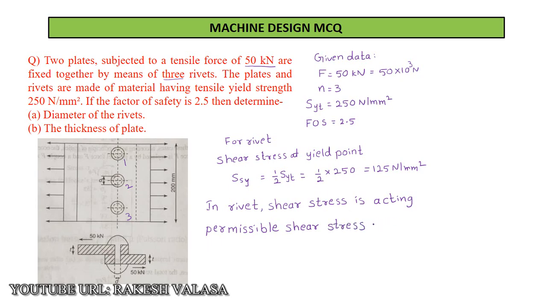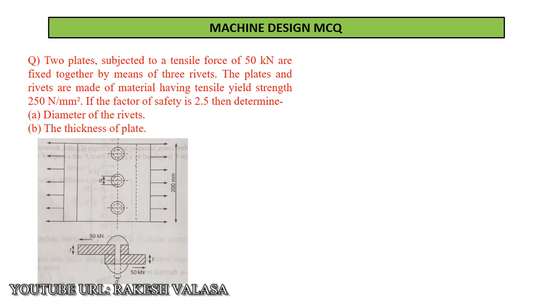That equal to shear stress at yield point by factor of safety, that means SSY by factor of safety, that equal to 125 by 2.5, that equal to 50 Newton per mm square.